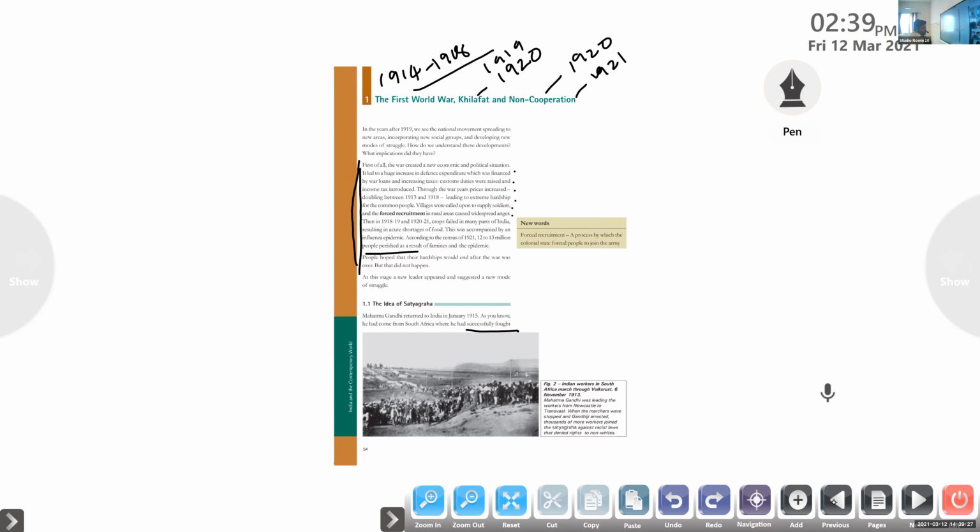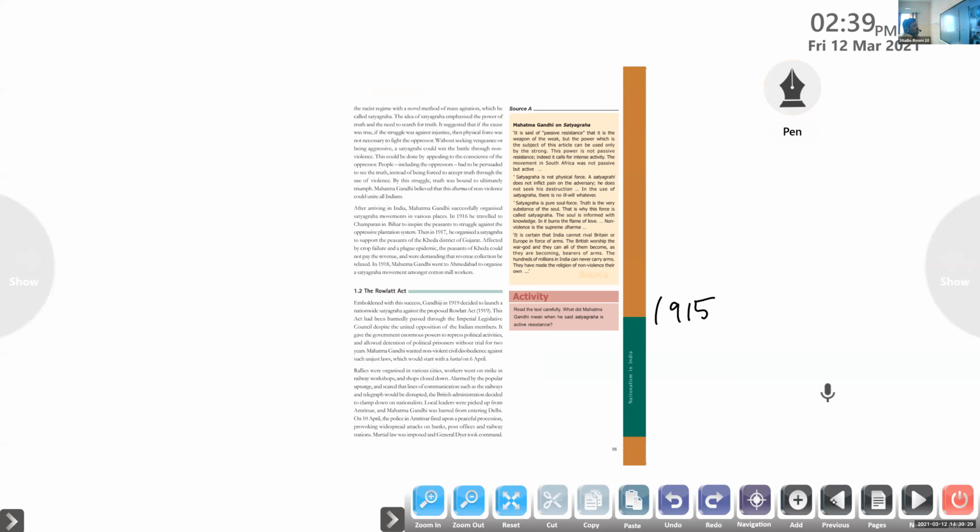Gandhi returned to India from South Africa in the year 1915, and in South Africa he used a novel method termed Satyagraha to fight against the Britishers. As per Gandhi, Satyagraha gives importance to the power of truth and the need to search for truth.